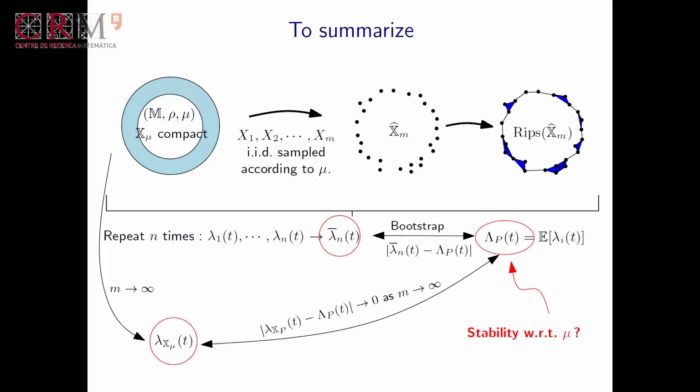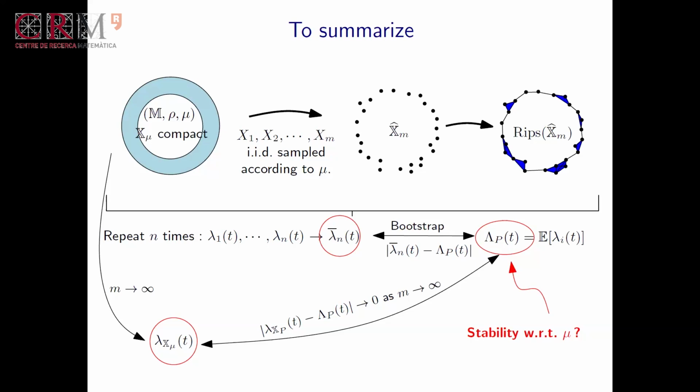When M goes to infinity, we converge to the persistence diagram of the support of the measure mu. And if stabilities are preserved by the landscape, the same holds for landscapes. If I just consider the landscape instead of the persistence diagrams, I have the same convergence result to the landscape of the support of my measure. So that's when M goes to infinity.